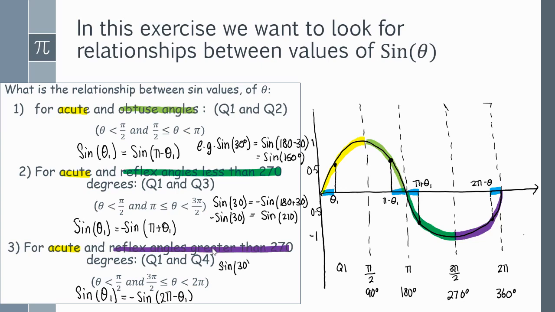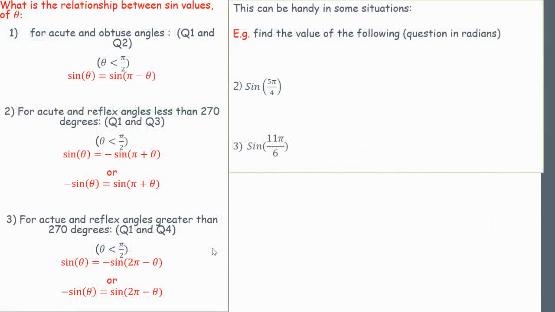Lastly, again, if we know sine 30, and if we have an angle, say, sine 330, well, that's really 360 minus 30. So I could say that sine 330 is equal to negative sine of 30. To get a better idea, let's look at two examples.